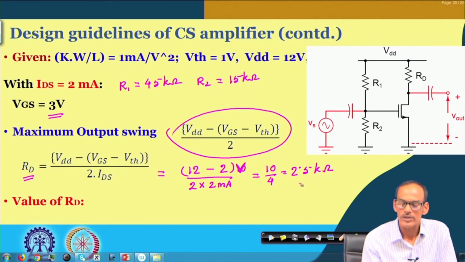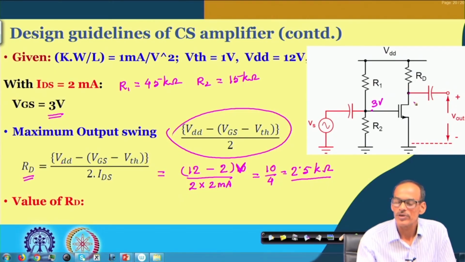So now you can see the change. Earlier RD was 11 kilo ohms, now it is 2.5 kilo ohm, and the voltage here is 3 volt, and the lower limit of this voltage here is 2 volt. The supply voltage is 12 volt, so our target voltage here is 12 minus 2.